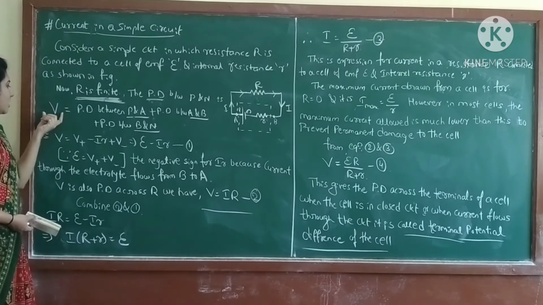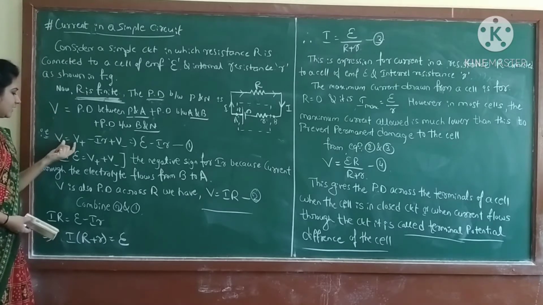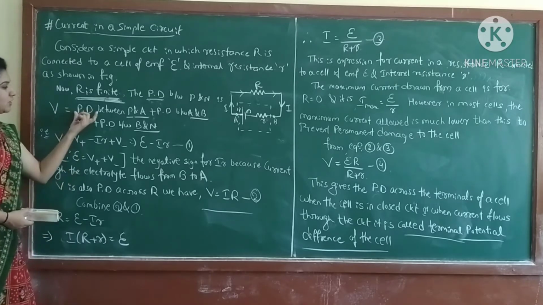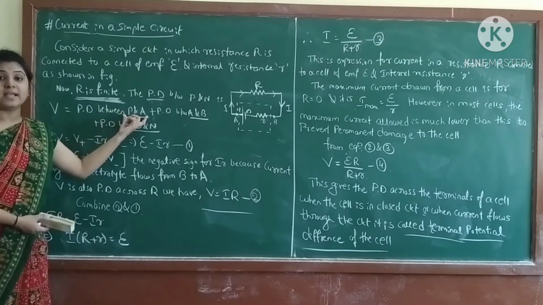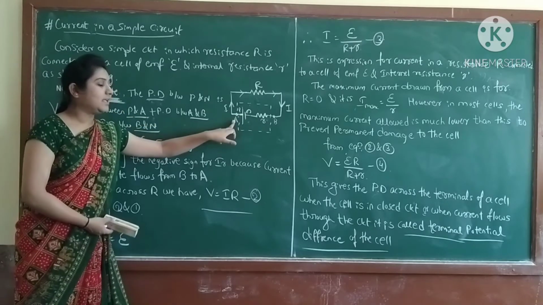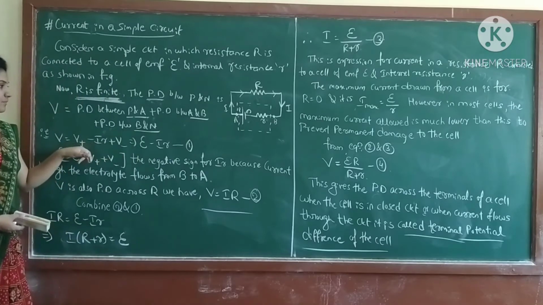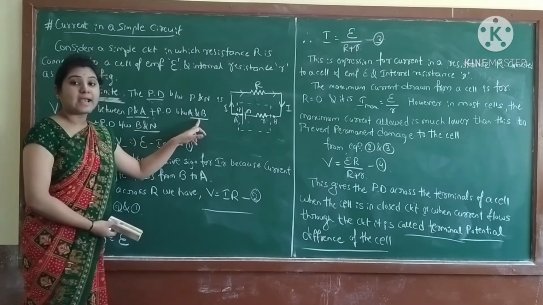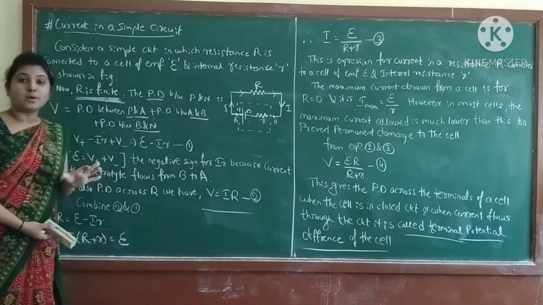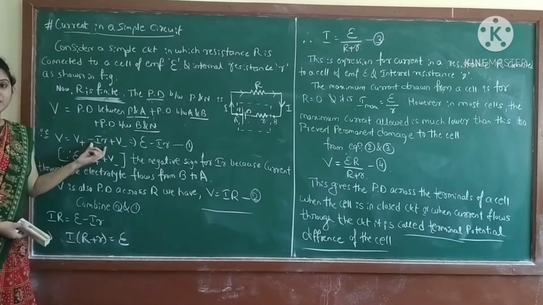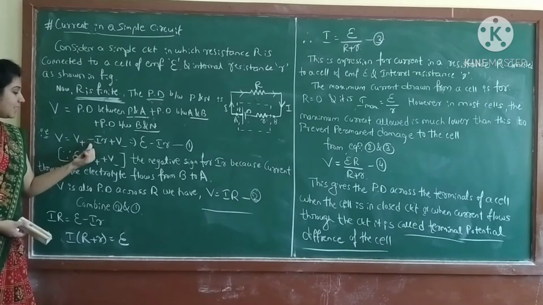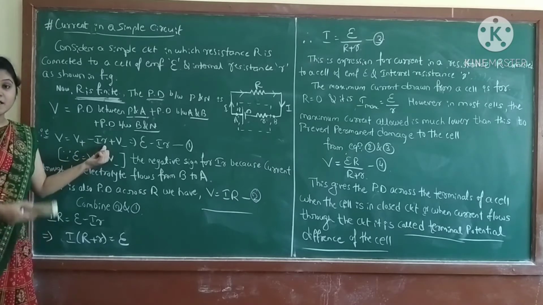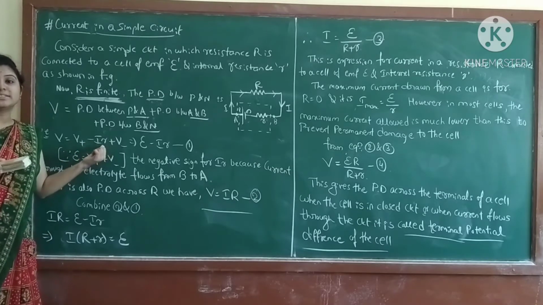So write it as total potential difference V is equal to, see, the potential difference between P and A. P and A is how much? V, plus. Now the potential difference between A and B has the value how much? It has the value minus Ir. But in the previous case it was 0.